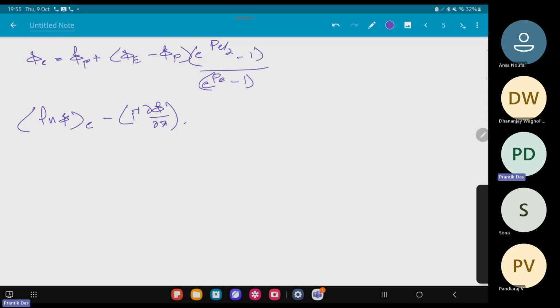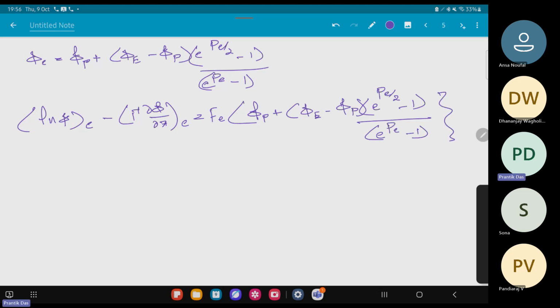So now I also have to find out the derivative of the phi variable, which I know the nature of from this exponential assumption that I'm doing in my case. So this is phi e equals phi p plus (phi e minus phi p) times (exponential of Peclet number divided by 2 minus 1) divided by (exponential of Peclet number minus 1). So that's what I'm doing.